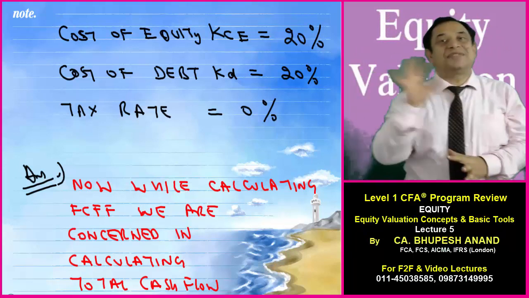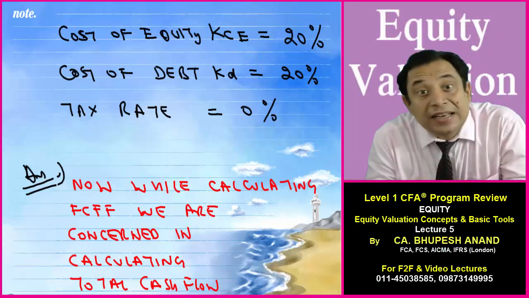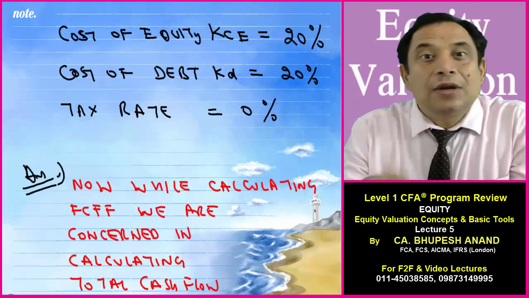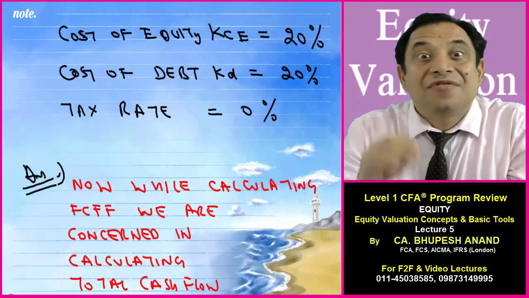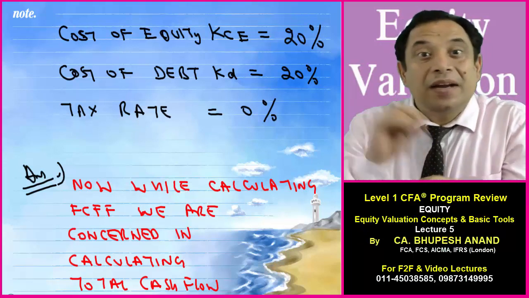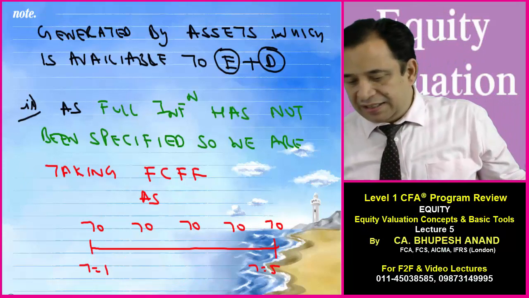So these are the informations which are there. But in this example, I will be calculating the value of the firm as per the FCFE approach, the free cash flow for equity approach. So let's see the journey.